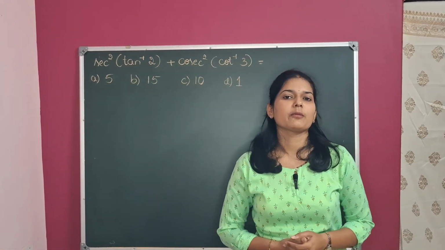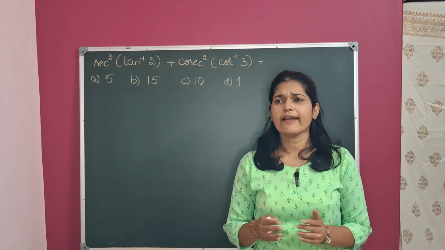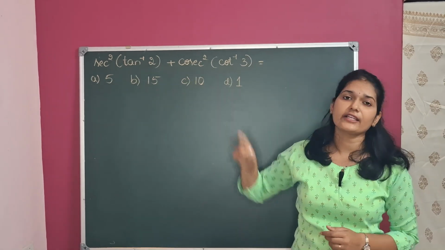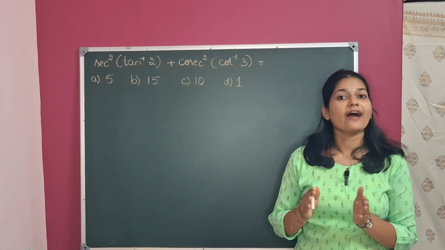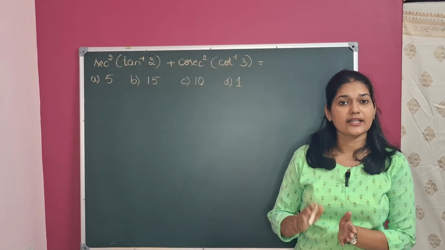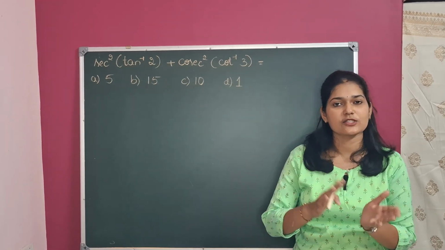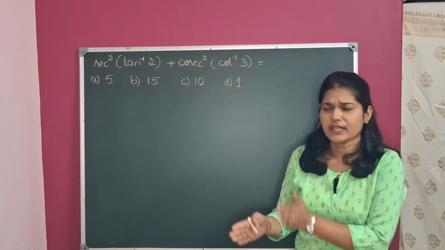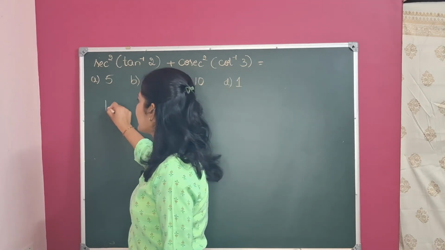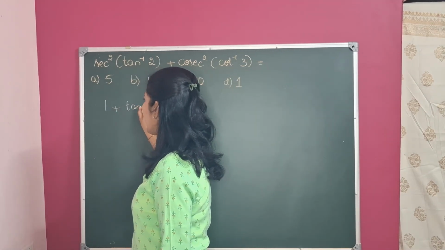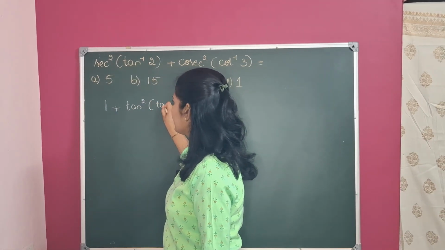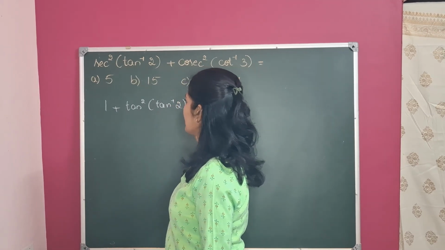So, this is a problem related to inverse trigonometry. They have given secant square of tan inverse 2. We have a trigonometric identity, that is secant square x can be written as 1 plus tan square x. Therefore, this can be written as 1 plus tan square of tan inverse 2.